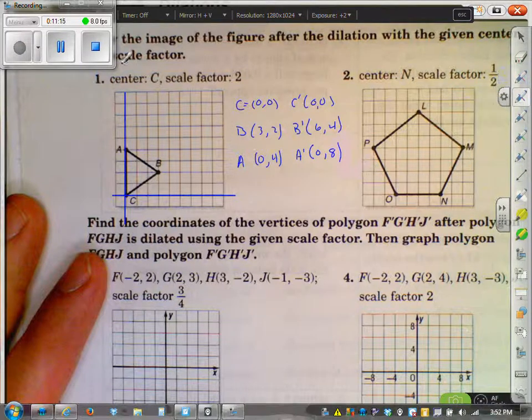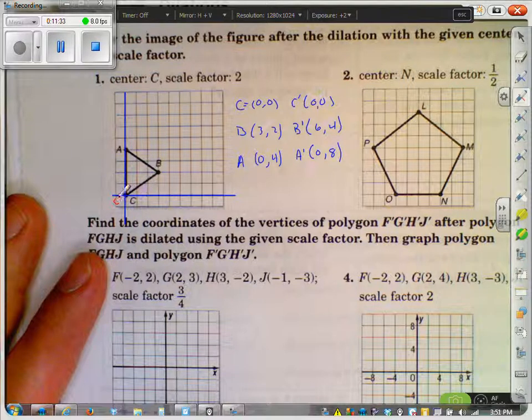So, we can draw the image after dilation with the given scale factor by keeping the center at the origin, and we can make the lines there. So C prime, 0, 0. B prime 6, 4. 1, 2, 3, 4, 5, 6, 1, 2, 3, 4.